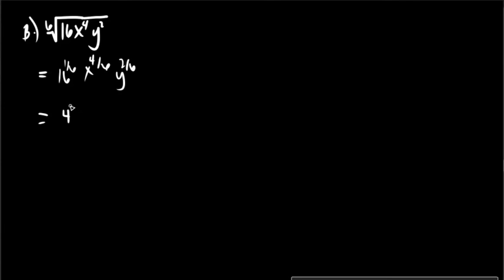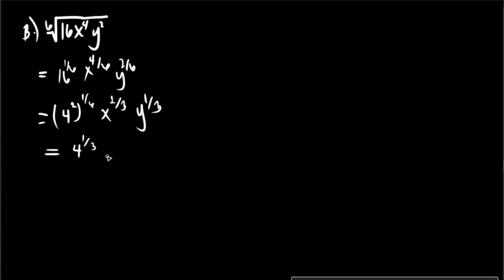So 16 is 4 squared raised to 1/6. Now x to the 4 over 6 is just x to the 2 over 3 and y to the 1 over 3. This is going to become 4 to the 1/3.